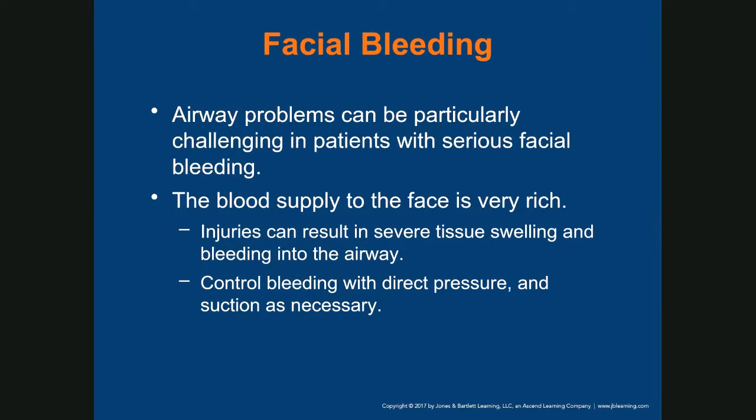Now, with facial bleeding, airway problems can be particularly challenging in patients with serious facial bleeding. The blood supply to the face is very rich. Injuries can result in severe tissue swelling and bleeding into the airway. Control bleeding with direct pressure, and suction as necessary.